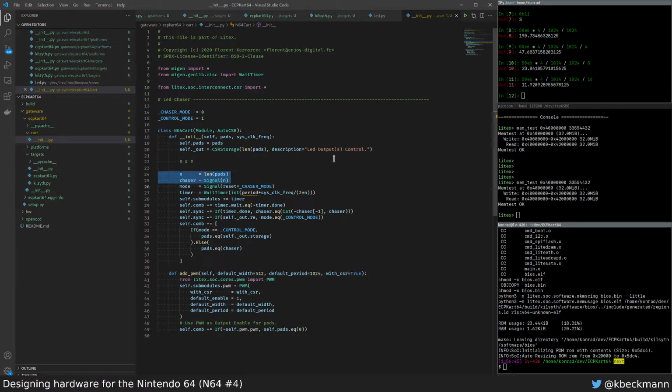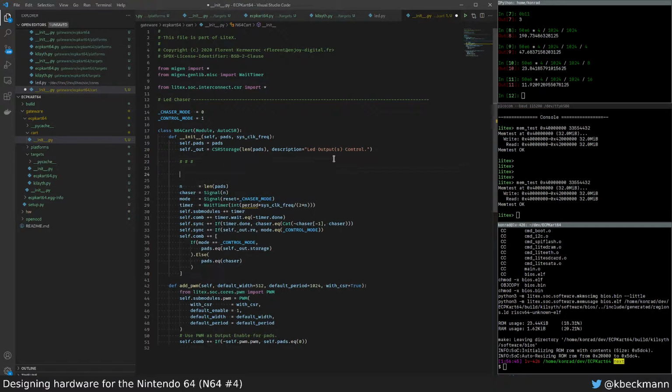So what do we want to do? We want to control the N64 cartridge I/O pins. So let's, do we want any CSRs already now? I am not really sure.